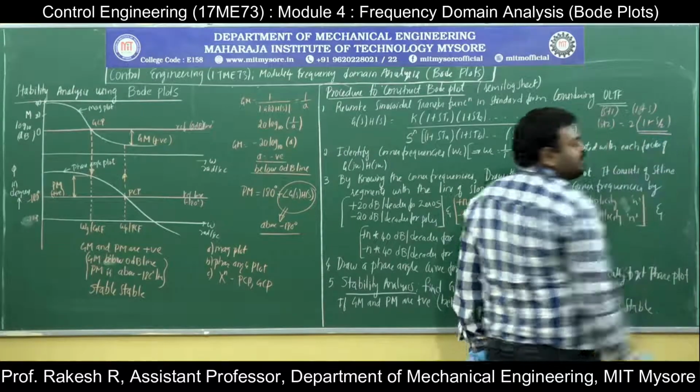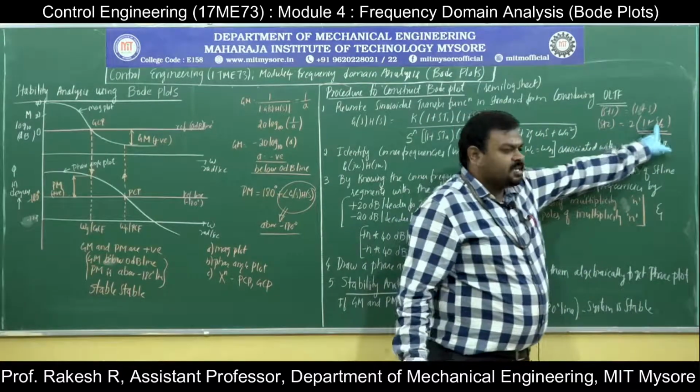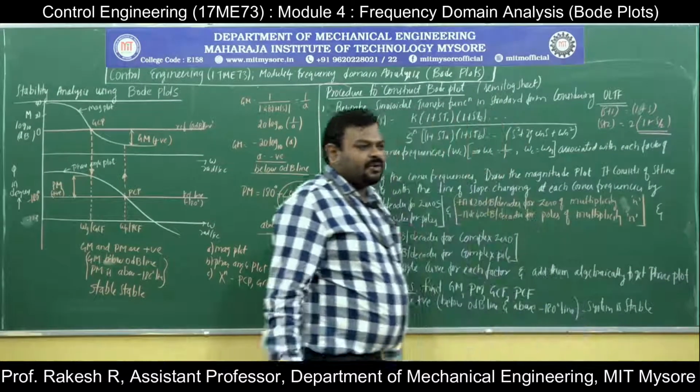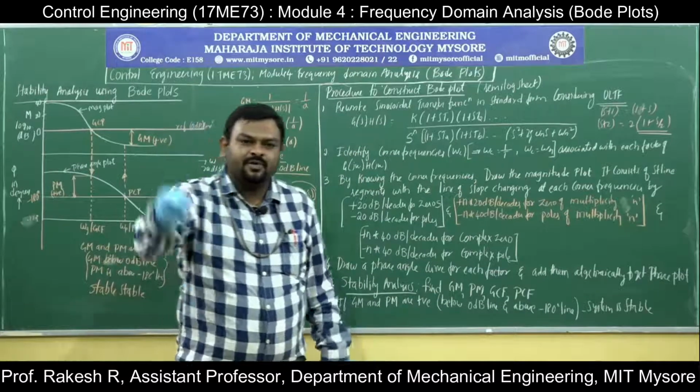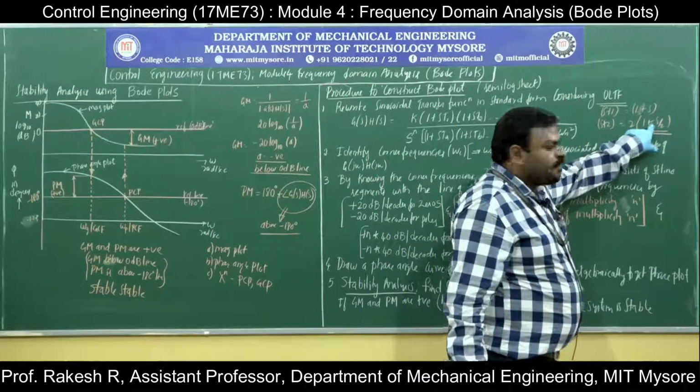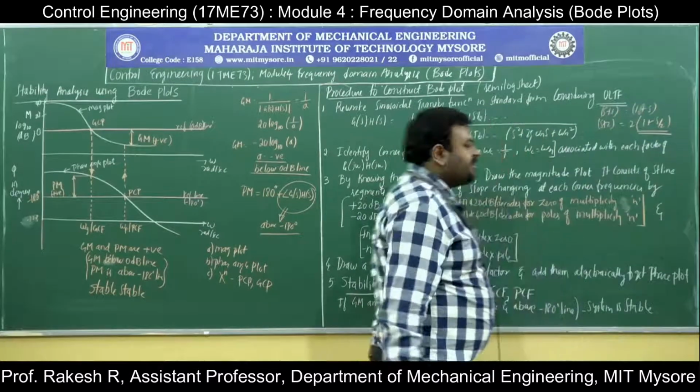So you have to take the expression in terms of the 1 plus sT form. What is the value of T here? T is 1 by 2, so omega c is 2. In order to calculate the corner frequencies, we modify into the 1 plus sT form.